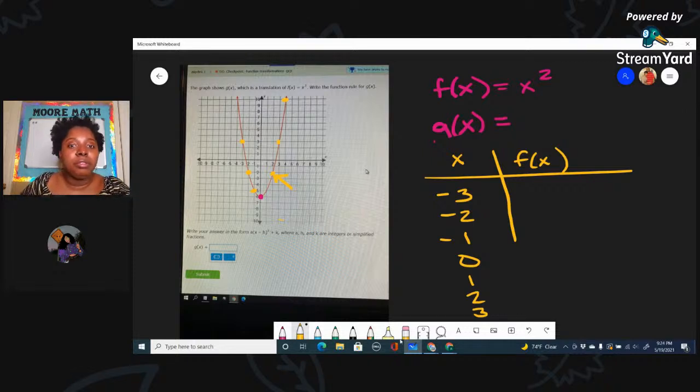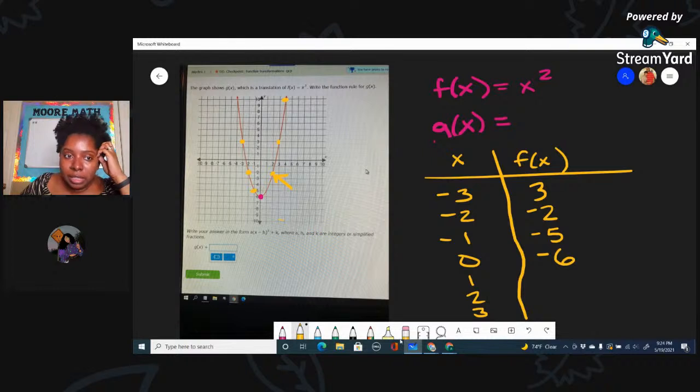Okay, so -3 is 3. -2 is -2. -1 is -5. We got 0, -6. Then we have 1, -5. And then we have 2, -2, sorry. So now it's just going backwards with the same.